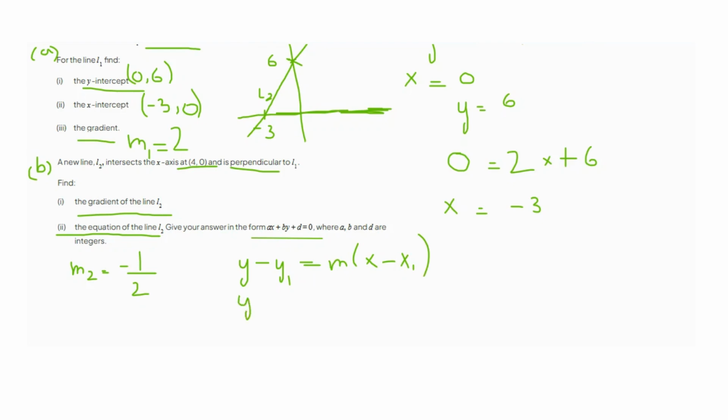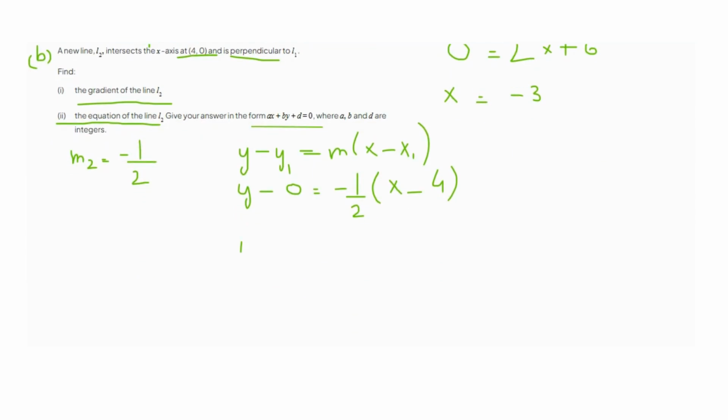Our y1 is going to be 0, it's given. The slope we just found out is minus half, and x1 is 4. So y is equal to minus half x plus 2.